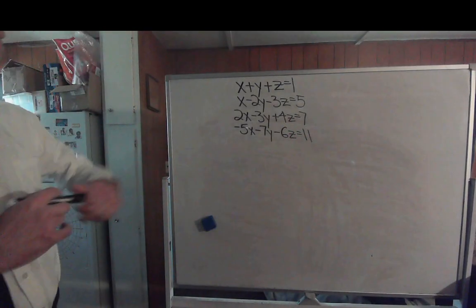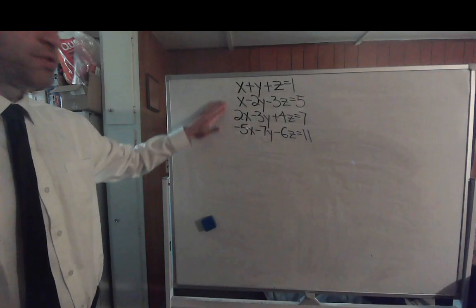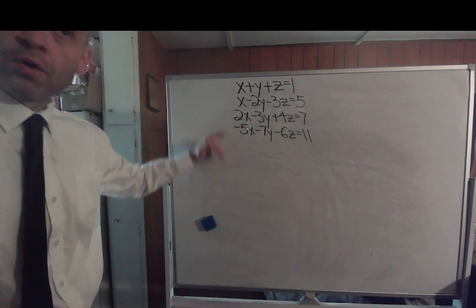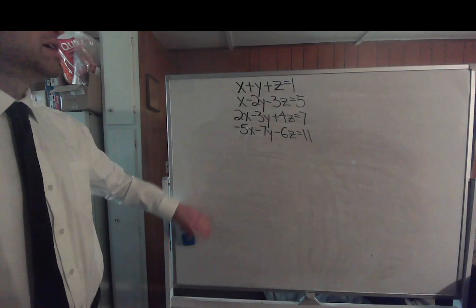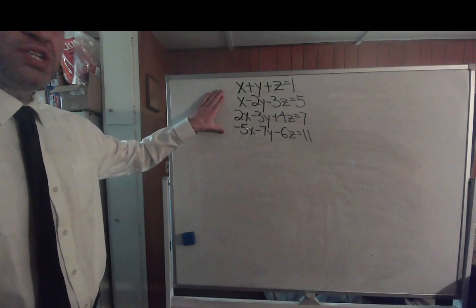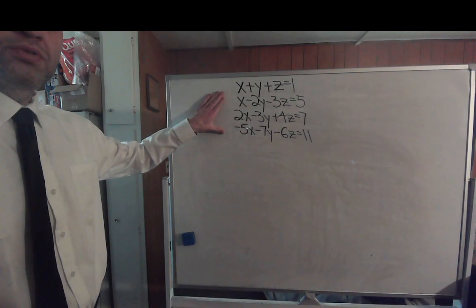In each of these equations, you only have 3 variables, but you have 4 equations. You have more equations in the system than variables.